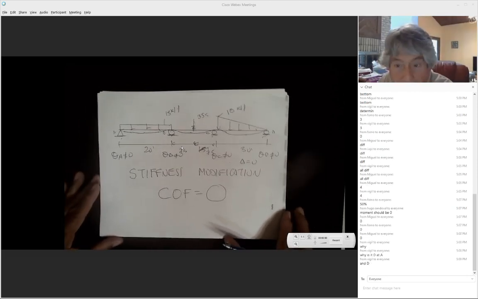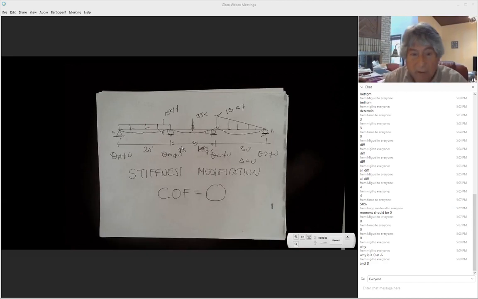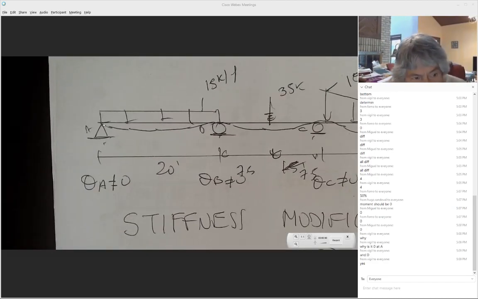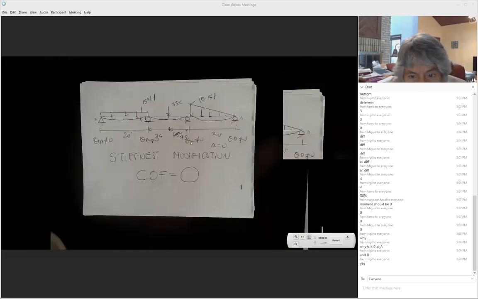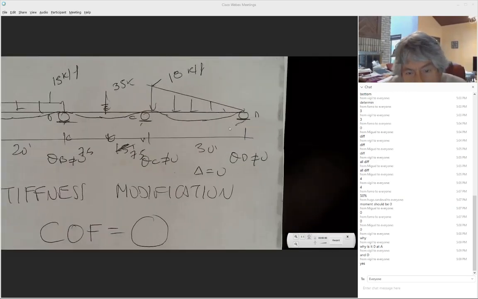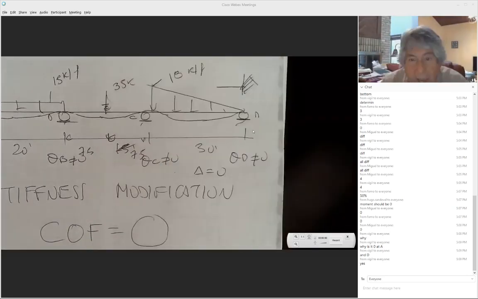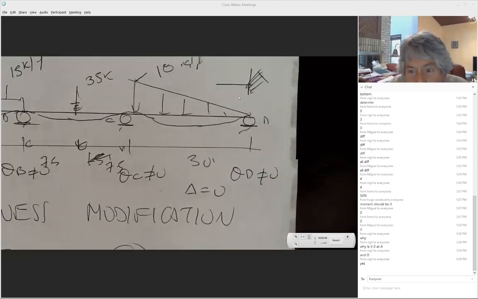We're talking about the moment, right? This is a pin support at the end. This is a roller support at the end. So the only support that can develop a moment is a fixed support. A wall will develop them.